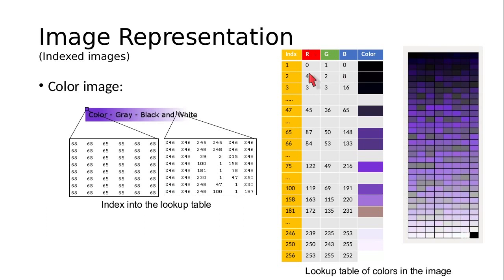The individual R value can go from 0 to 255, the green value is also going from 0 to 255, and the blue value is also from 0 to 255, but their combinations can be much more than that. If you take all possible combinations, this index would have a size of 255 times 255 times 255. That's a large number of colors.